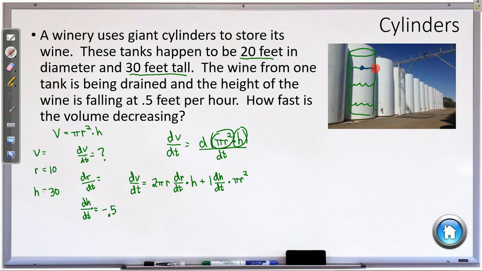This radius, this radius, this radius. Hopefully you can see that the radius is not changing, all right? The sides of this tank are not getting bigger or smaller, whereas the sides of your marshmallow definitely do get bigger and smaller. So the radius is not changing, which means dr/dt is 0.